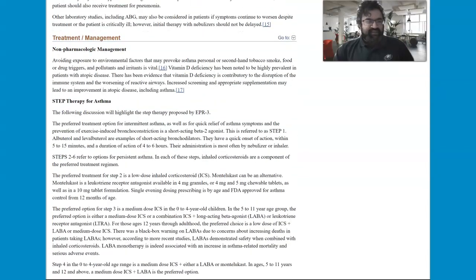For acute exacerbation, there's a step therapy that I'll highlight, proposed by EPR-3. A short-acting beta-2 agonist is step one. Steps 2 through 6 refer to options for persistent asthma. In each of these steps, inhaled corticosteroids are a component of the preferred treatment regimen.